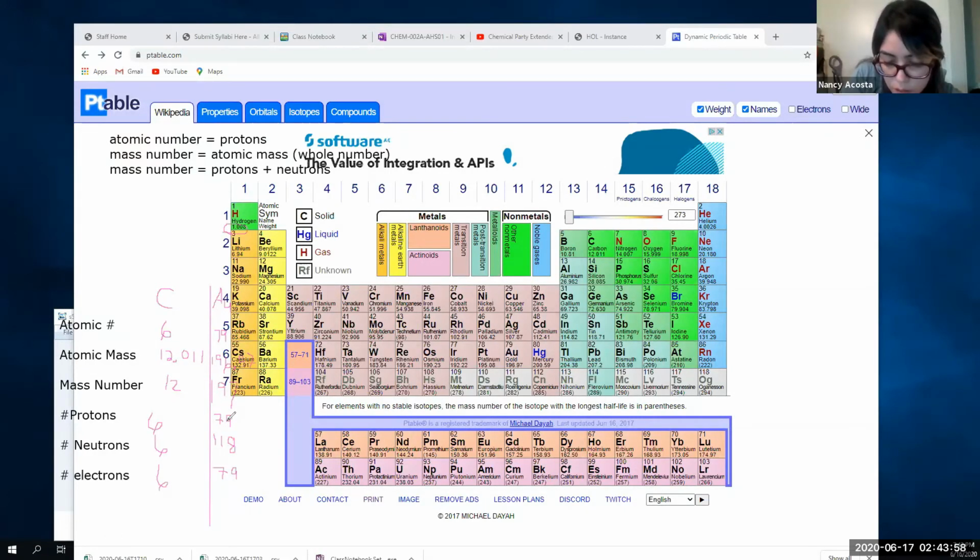Mass number minus protons gives you the neutrons. That makes sense, since mass number equals protons plus neutrons, so if I subtract the number of protons from the mass number, that's going to equal the neutrons.